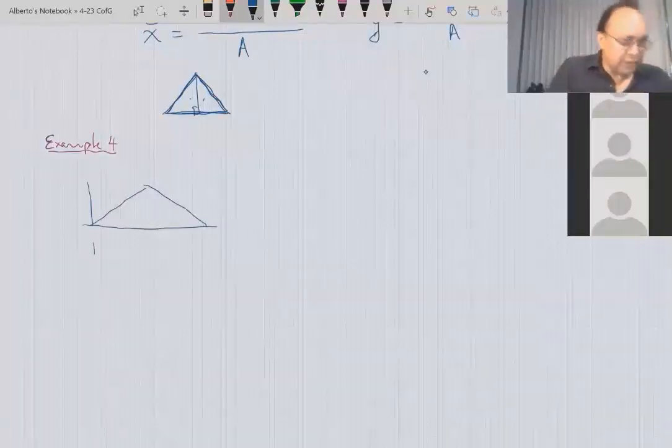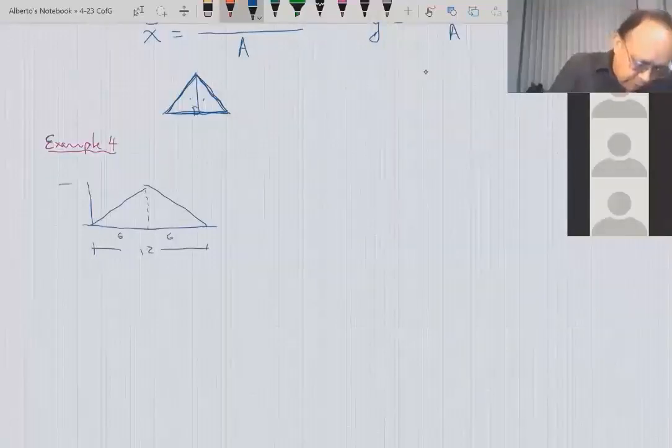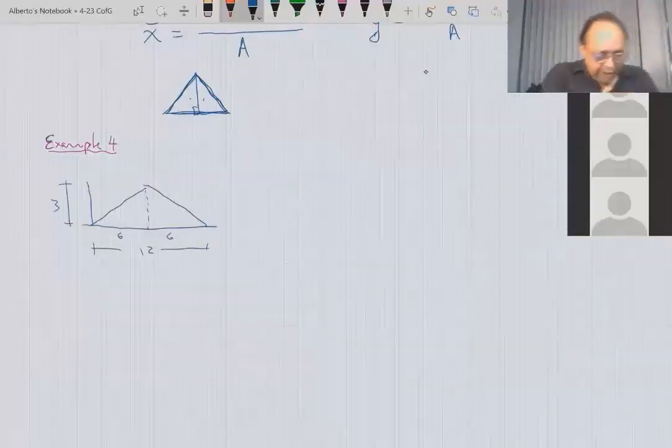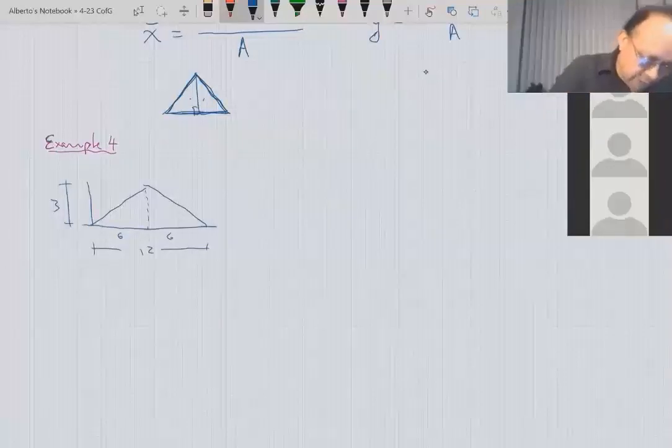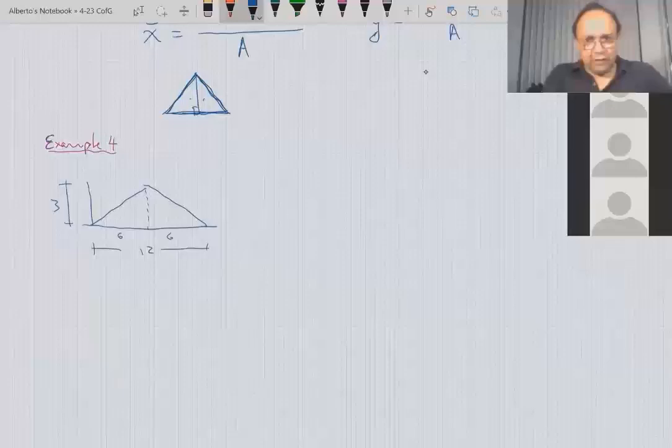Let's say the base is 12. This is 6, this is 6, and let's put something important here: 3. We could do this with letters, it's very general, but my point is to introduce the table that you have to use when you break an area into a finite number of areas. So you divide the area into areas for which you know the location of the centroid.